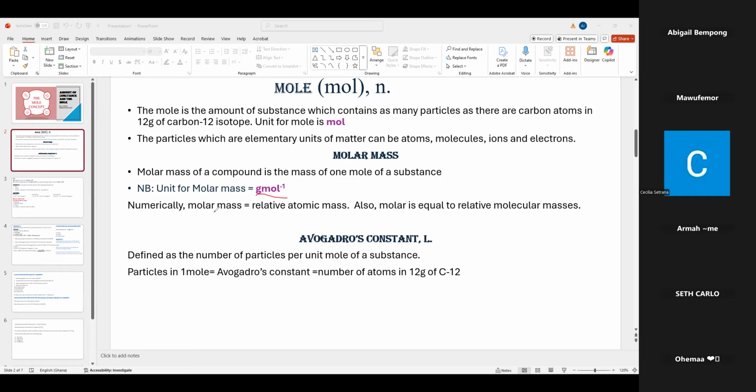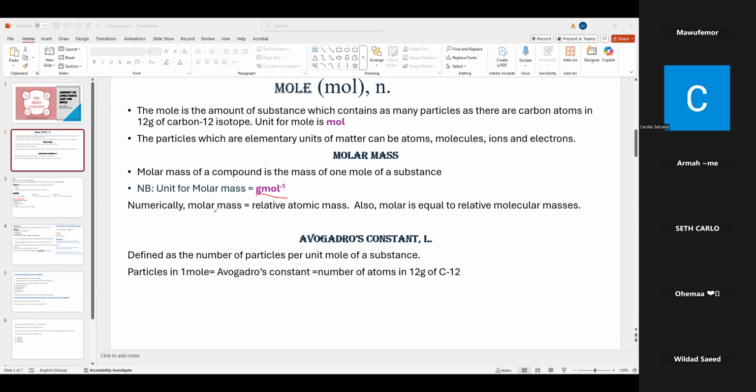When you come to the Avogadro's constant, it's related to the number of particles. This number can be the number of molecules, the number of atoms, or even the number of gases, and also the mole of the atom, the mole of the molecule, or the mole of the gases.